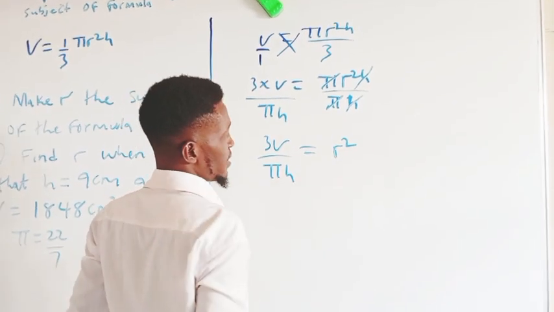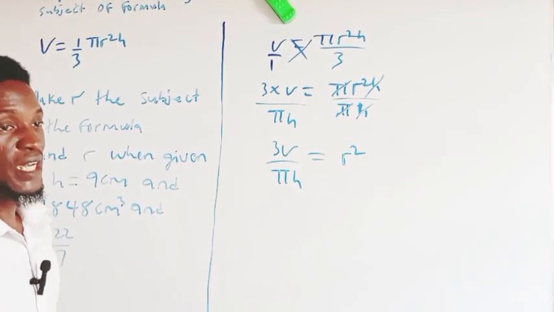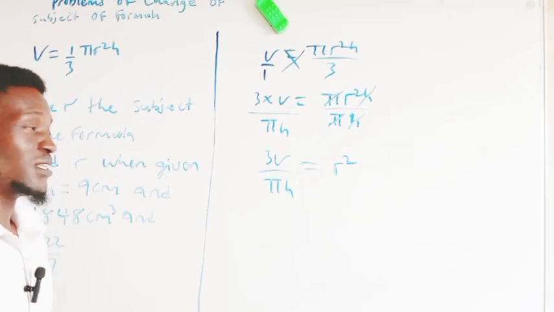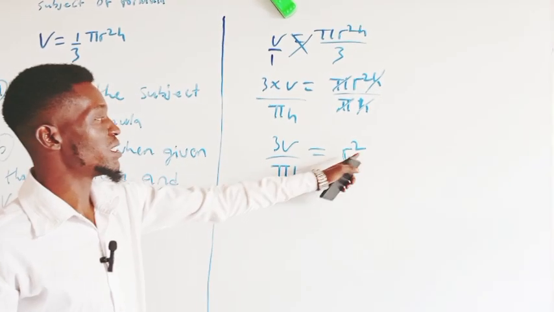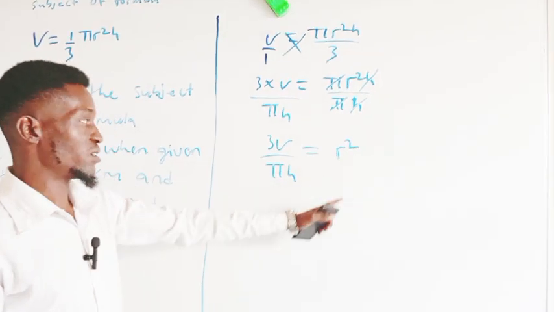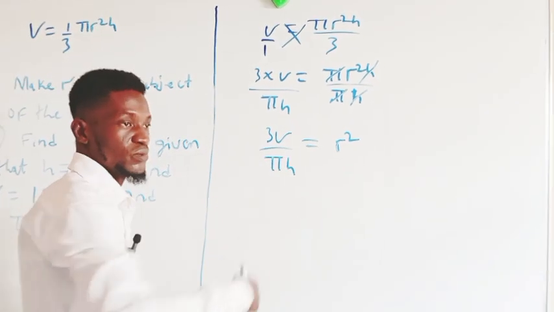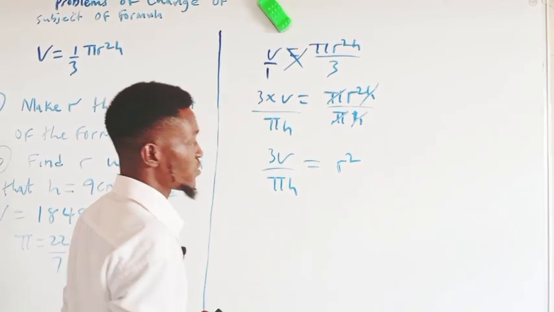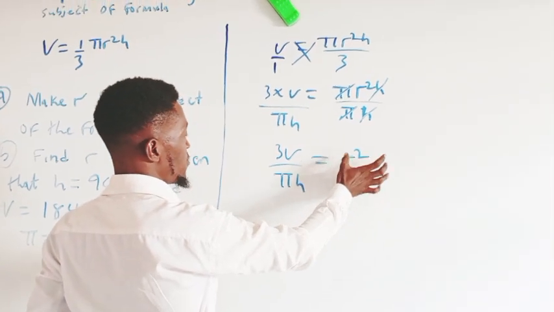3V over pi h is equal to r squared. Remember, in subject of formula, nothing must be attached to the symbol being used as the subject. But in this instance, the square is attached to r. So what are you going to do? If it's a square, it goes to the other side as a root. So we find the square root of both sides.